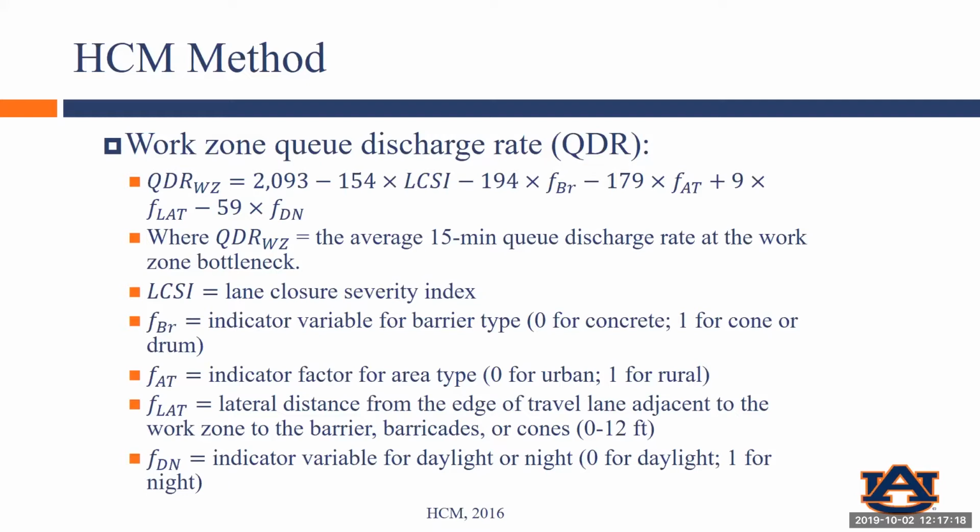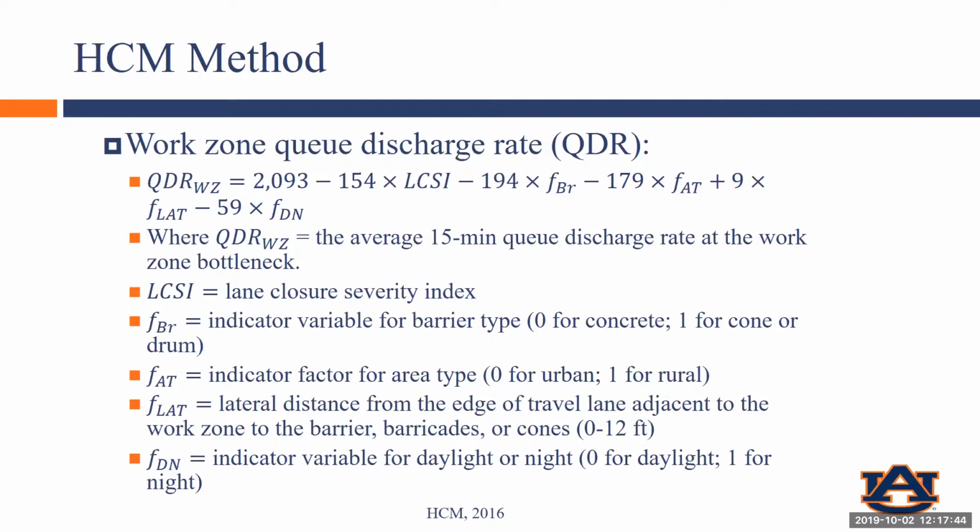If it is concrete, you put 0; if it is columns or drums, 1. For the indicator factor for area type, urban area is 0 and rural area is 1. Then the lateral distance from the edge of the travel lane adjacent to the work zone to the barrier, if it is 0 to 12 feet. And the indicator variable for day or night: day is 0, night is 1.